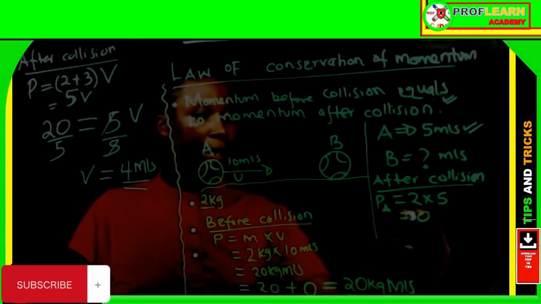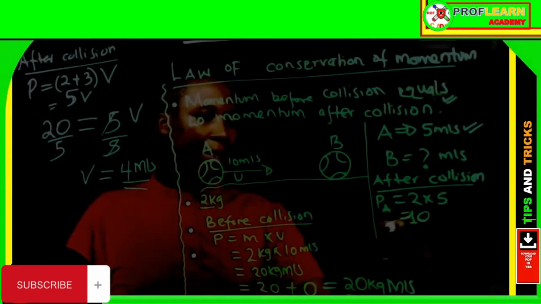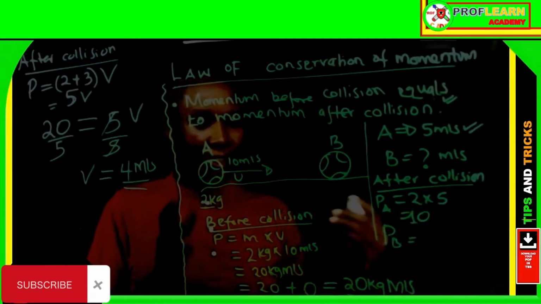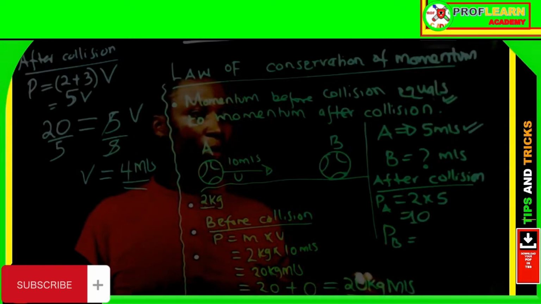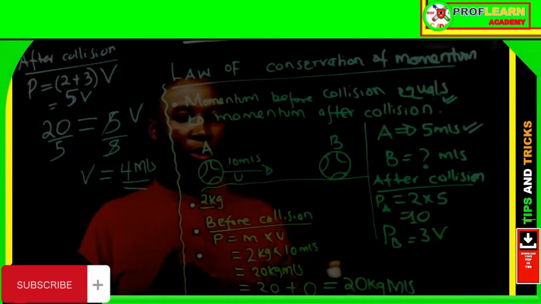After collision, A will have a momentum of 10. But the momentum of B, in this case, involves a speed which we don't know, because that's what we are looking for. We're going to say its mass, which is 3, times v.